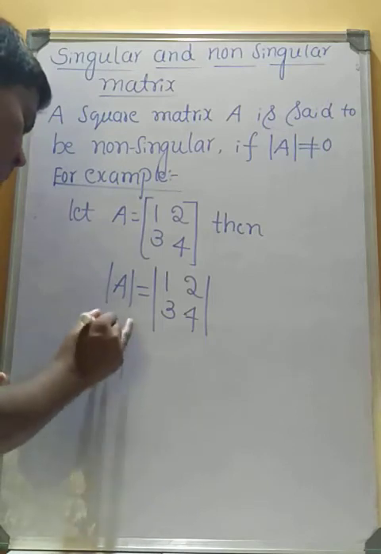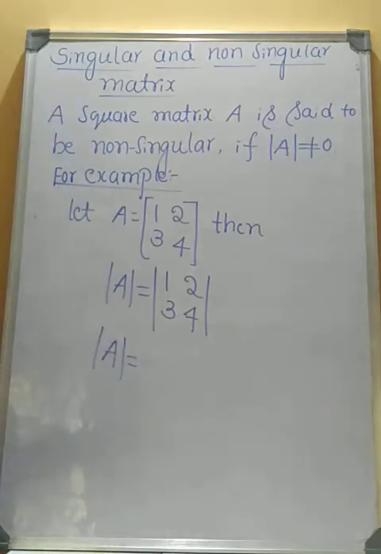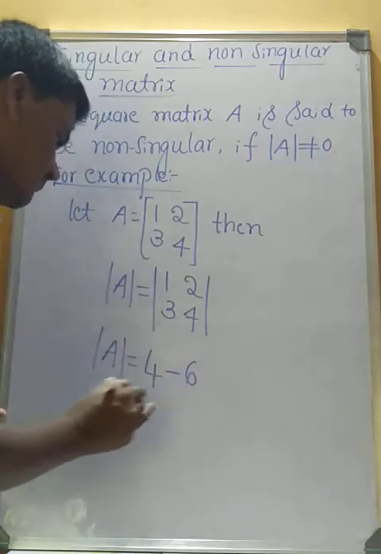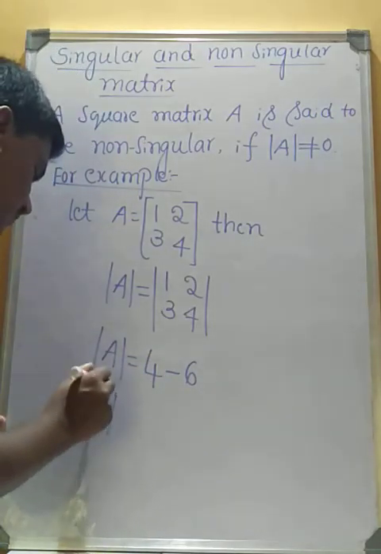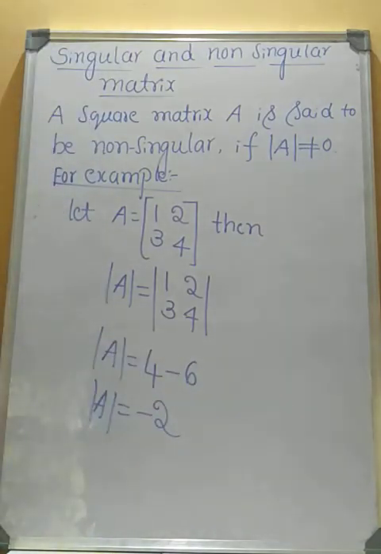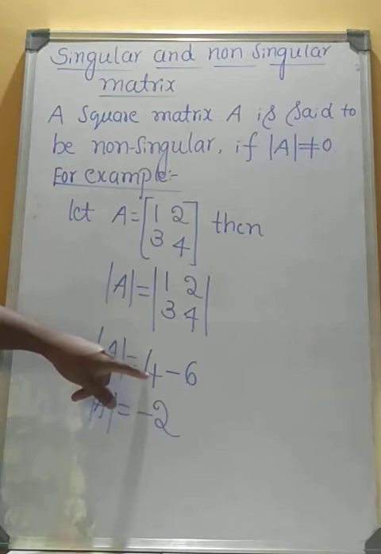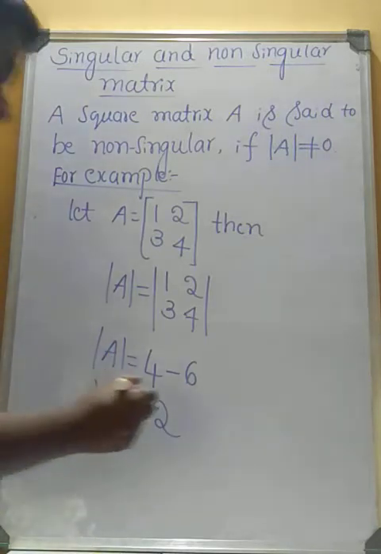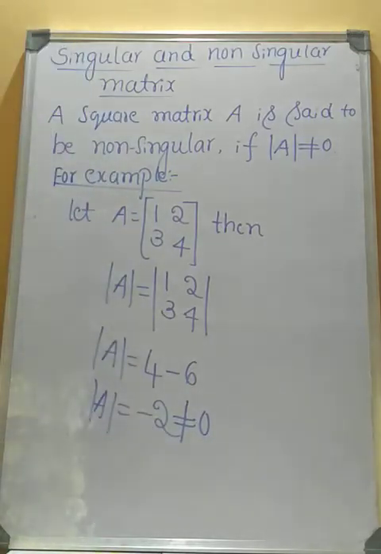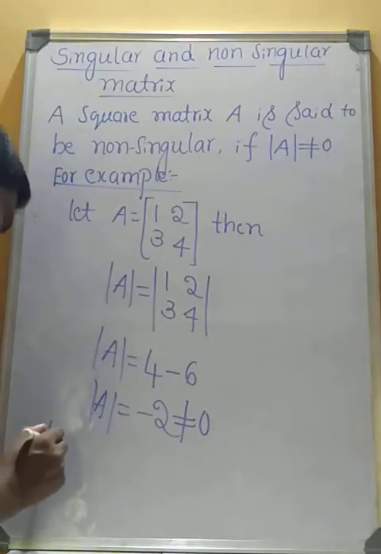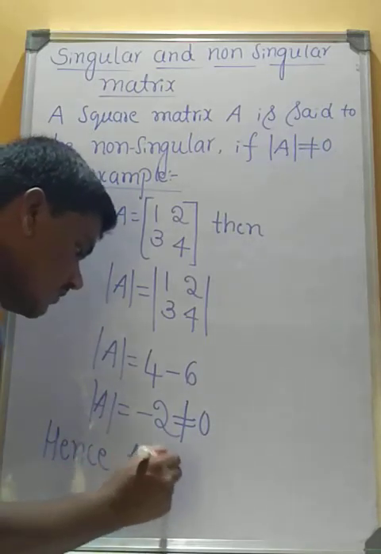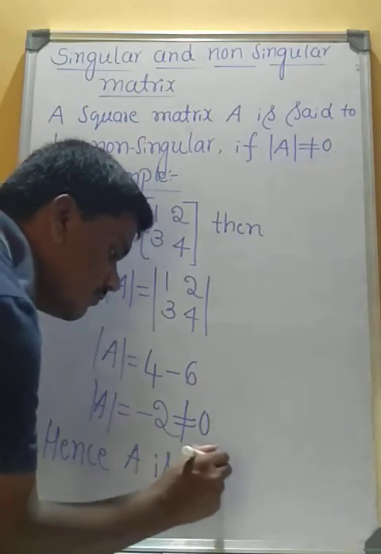Therefore, determinant of A is equal to, expand this determinant, 4 ones are 4, minus 3 twos are 6. Therefore, determinant of A equals minus 6 plus 4, subtract that, becomes minus 2. Minus 2 is not equal to 0. Hence, A is a non-singular matrix.